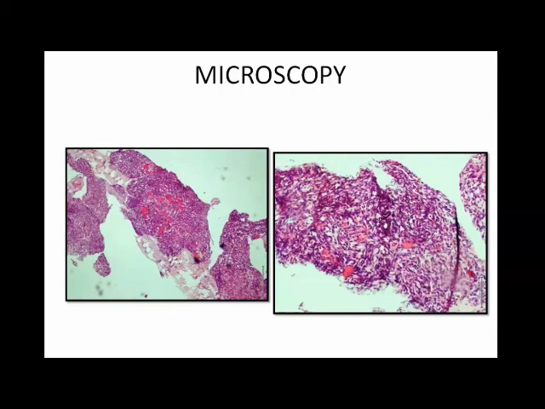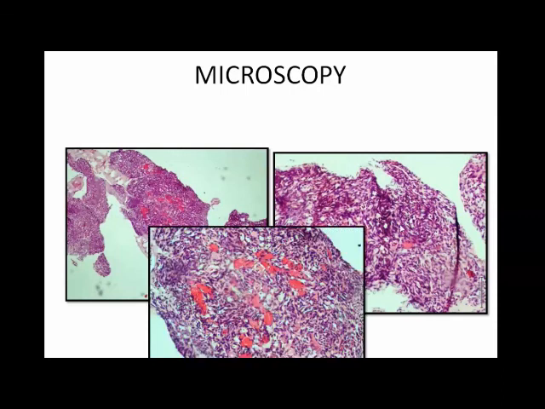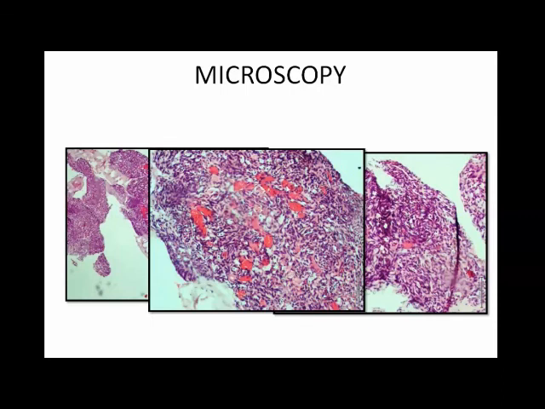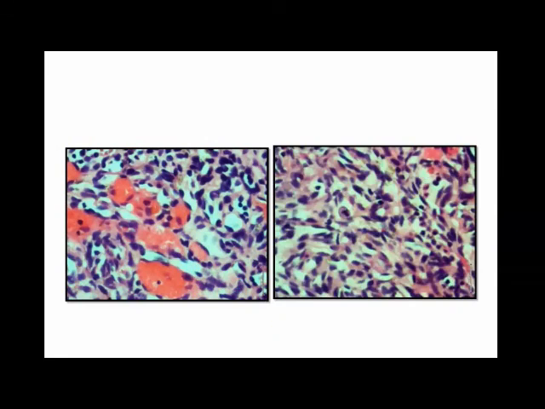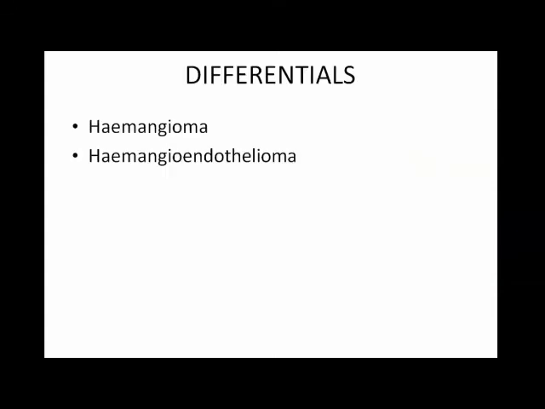There was abundant vascular proliferation as we see here, and congestion was also noted. This is a high power view of the vascular proliferation, and we also noted mitosis, which was 2 to 3 per 10 high power fields. So based on the morphology, we kept the 2 differentials of hemangioma and hemangioendothelioma.